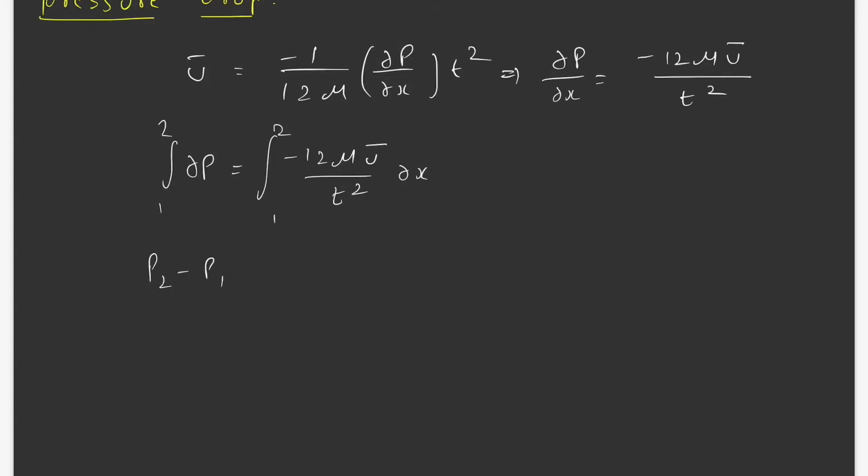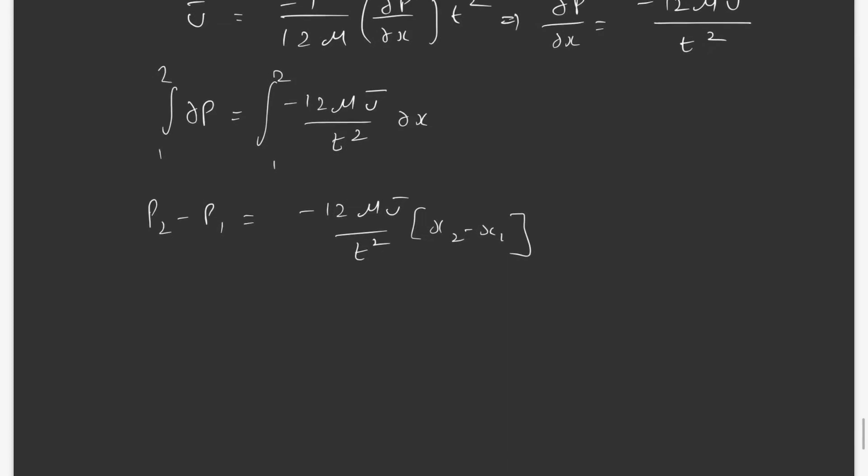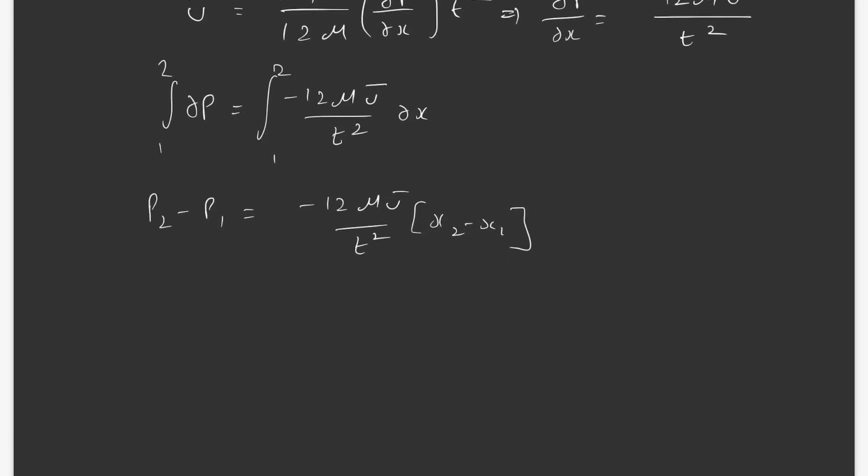P2 minus P1 equals minus 12 mu U bar by T square into X2 minus X1. If we assume we are taking it from the entry to both plates and to their exit, this X2 minus X1 will become the length.